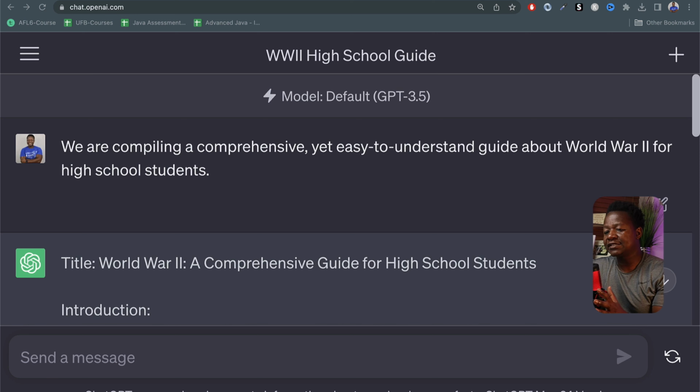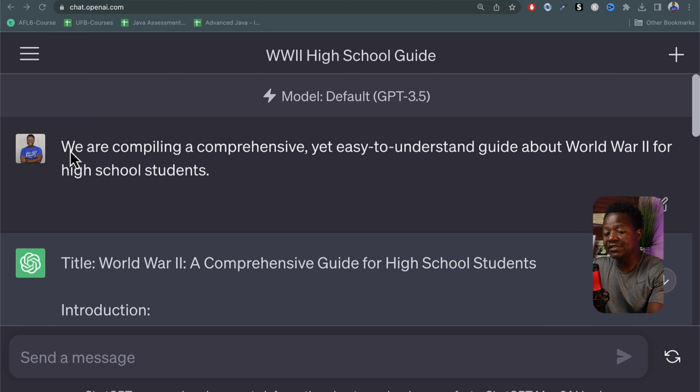This is a very good example of using, in this case, a clarifying objective framework. So again, you go back and you can see what the objective is. Well, the objective here is to provide a very detailed, yet understandable guide of World War II for high school students. As an exercise, it's important to start looking at all those elements that we talked about.